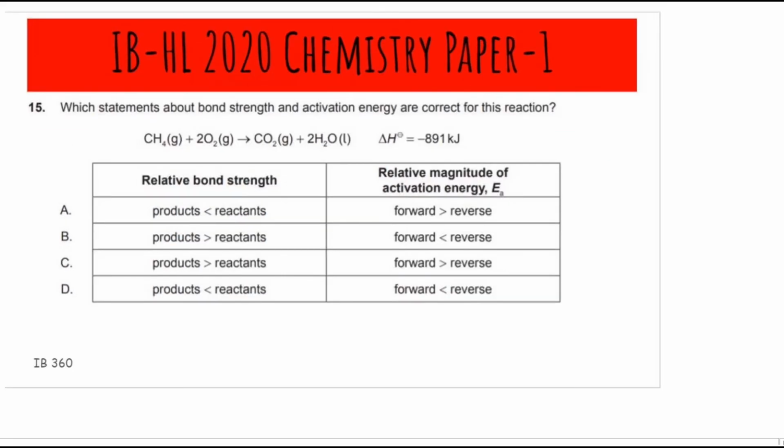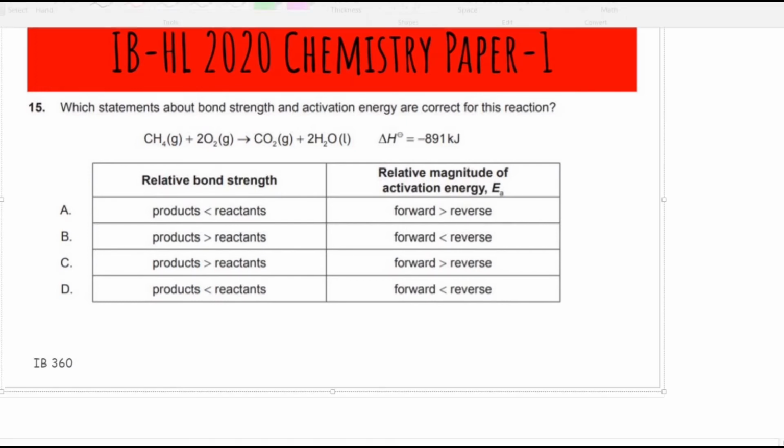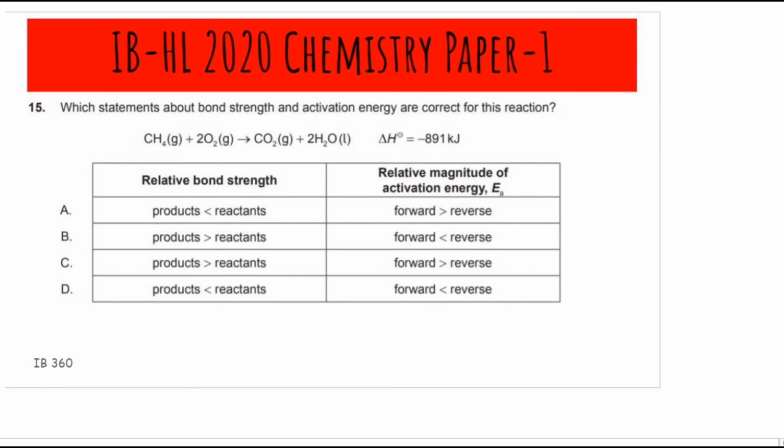Now in this question, we need to find the relative bond strength, that is, of the reactants and products, which one has the greater bond strength, and also which one has the greater magnitude of activation energy. First things first, we should know that delta H is the summation of bond enthalpy of reactants minus the summation of bond enthalpy of products.